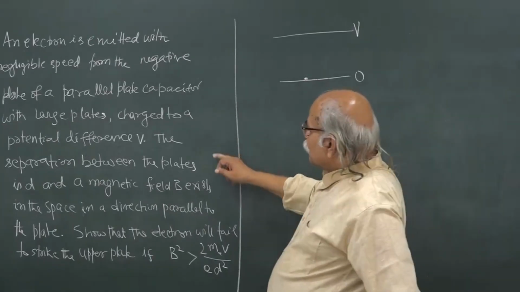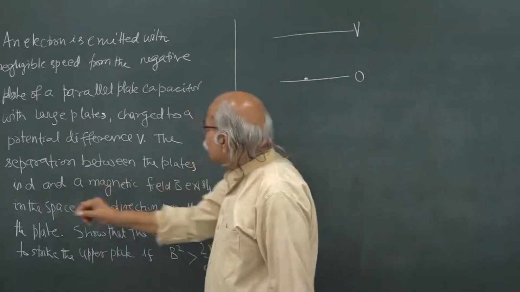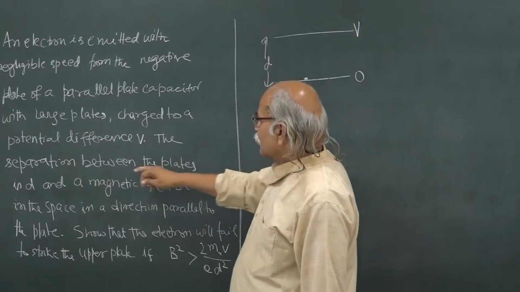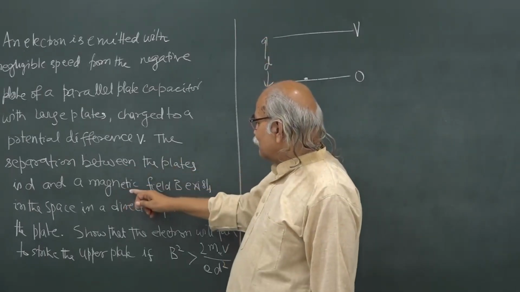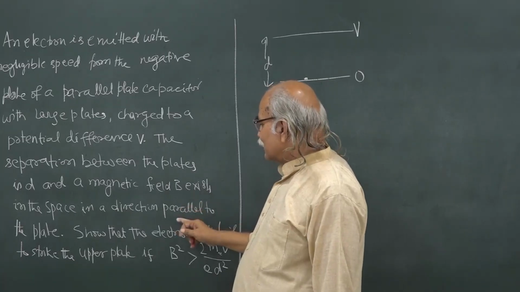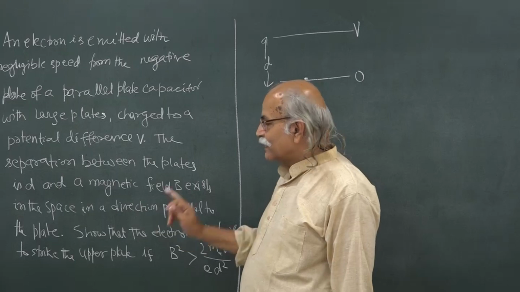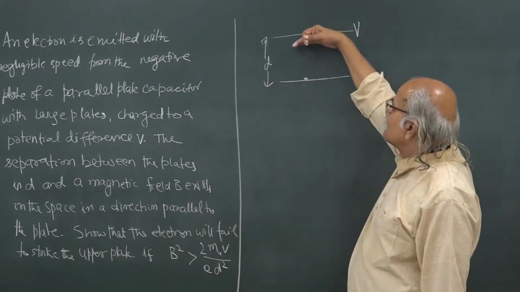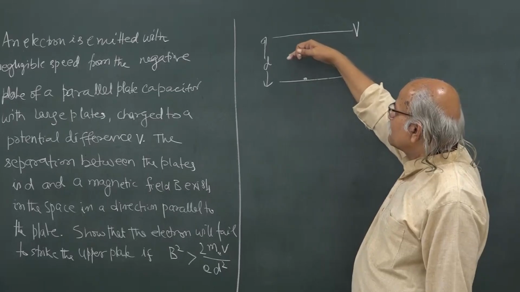Then the separation between the plates is d, and a magnetic field B exists in the space in a direction parallel to the plates. So, here are the plates and parallel to that a magnetic field exists.